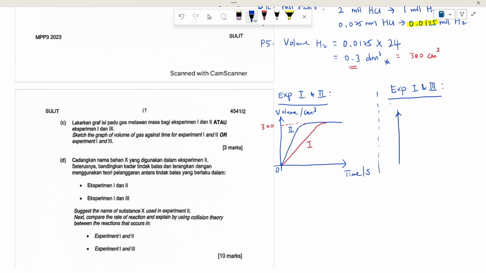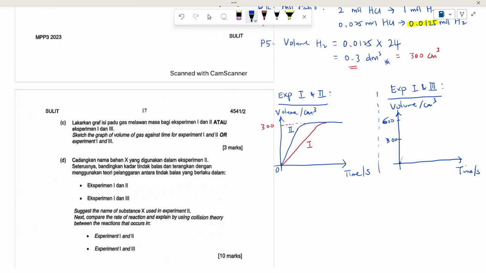So the same, okay, volume in cubic centimeter, time in seconds. Now let's say set 3, here we put 300, another one is 600.